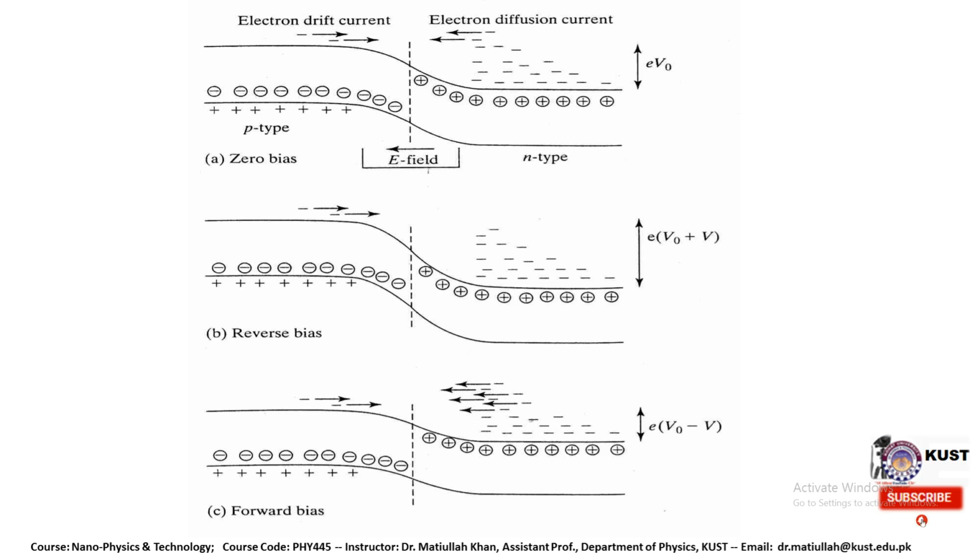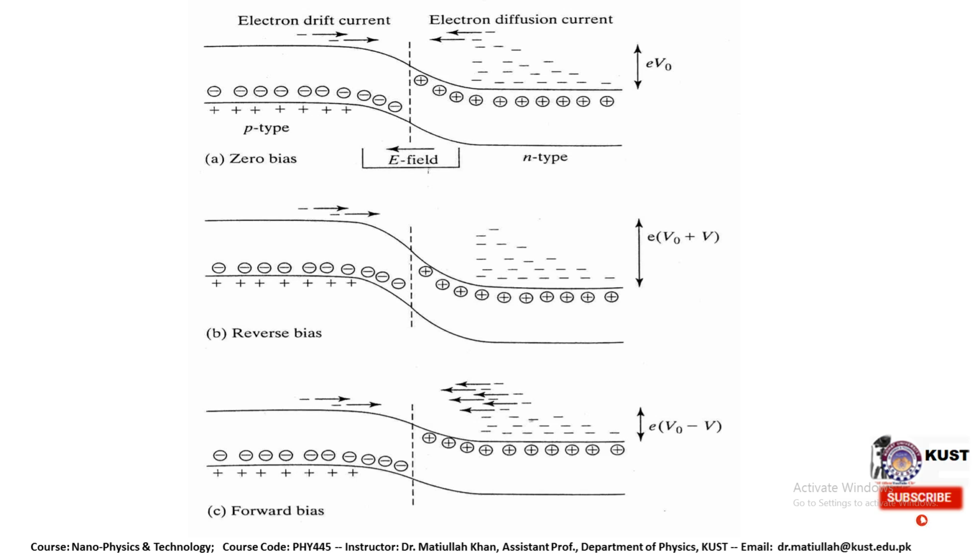The potential difference is eV naught, where V naught is the potential difference of the barrier. For the case of reverse bias, the depletion region has increased, and that depends upon the external potential difference. In this case, it is equal to eV naught plus V. This is another case, and that will lead to the stoppage of current.